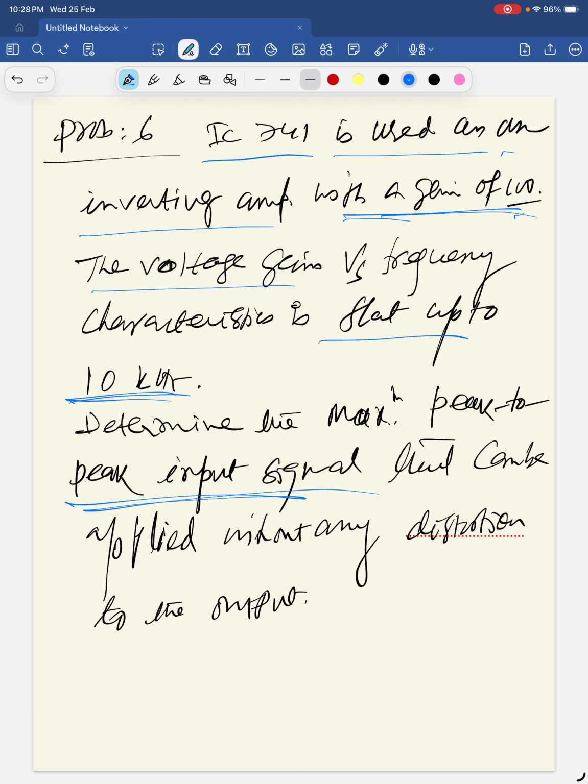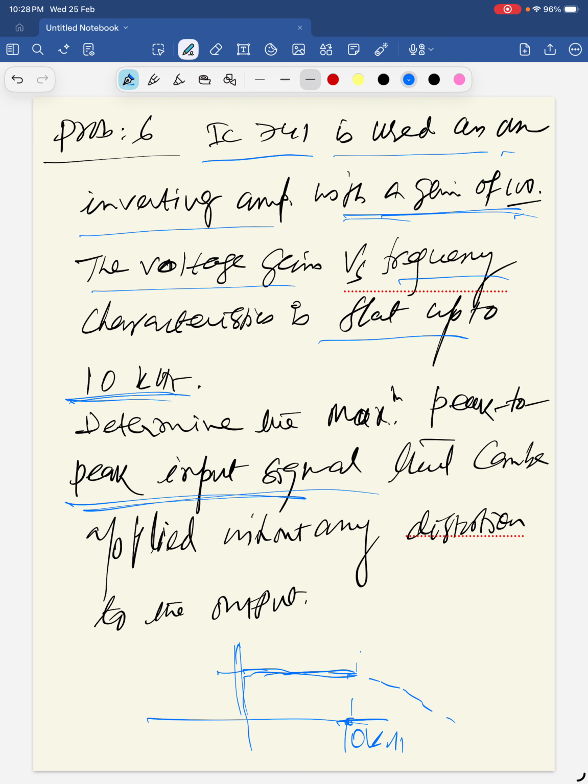The voltage gain versus frequency should be constant up to, suppose, 10 kilohertz. After that it may fall like this. So the voltage gain versus frequency characteristic is flat up to 10 kilohertz.